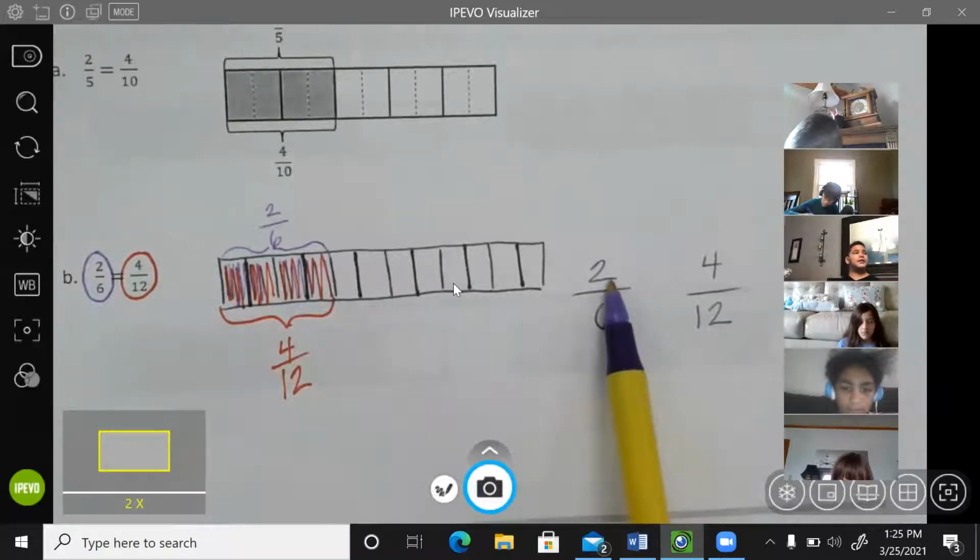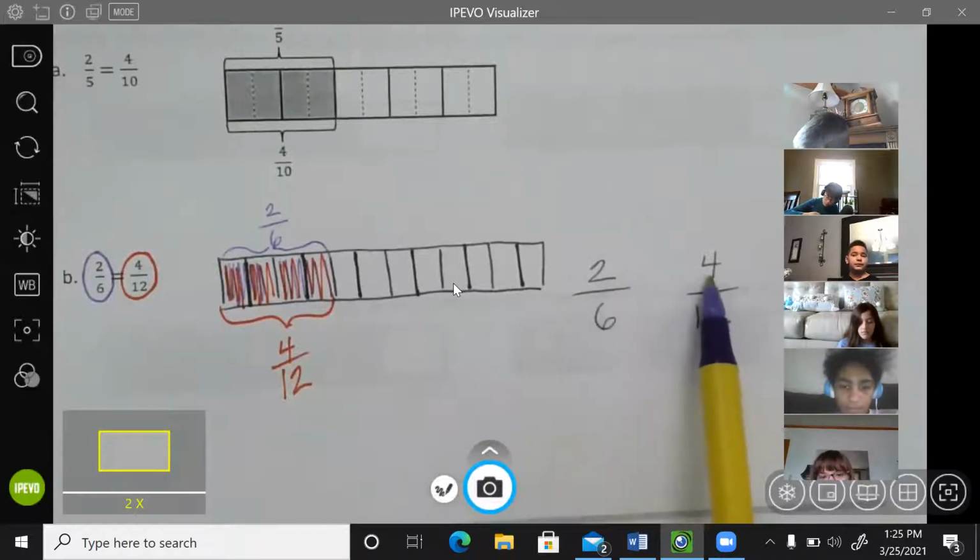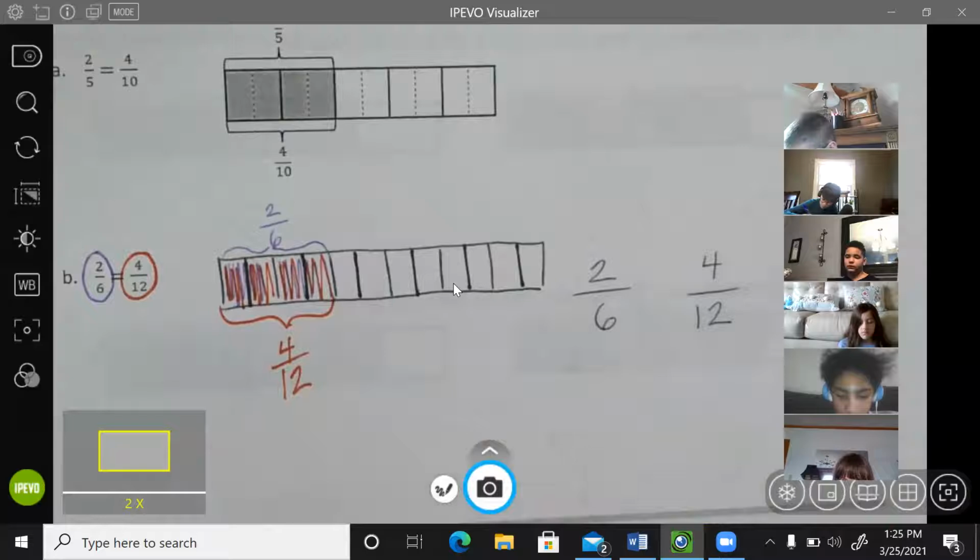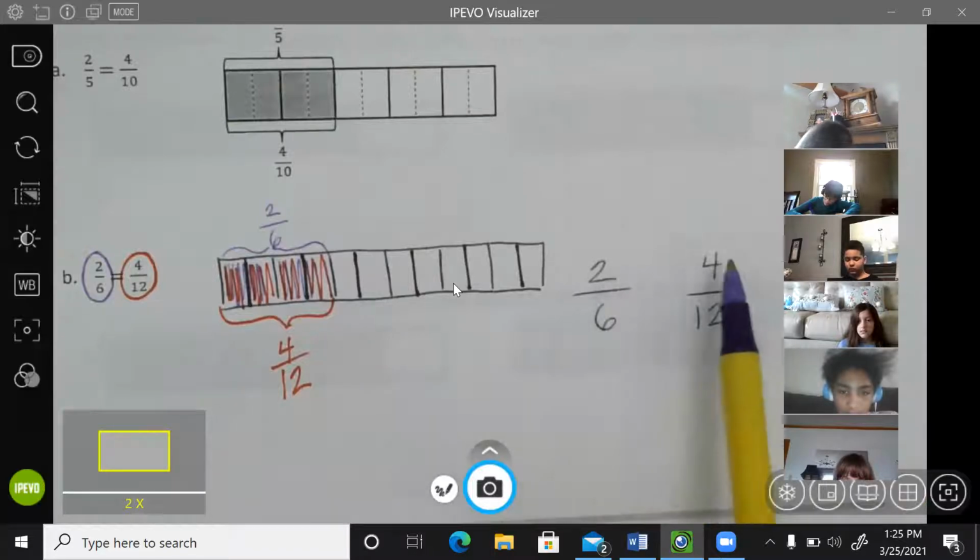Okay, so does 2 times anything give me 4? Does 2 times anything equal 4? Now 2 times 8 is 16. What can you add to 2 to get 4? How many times can you add 2 together to get 4?